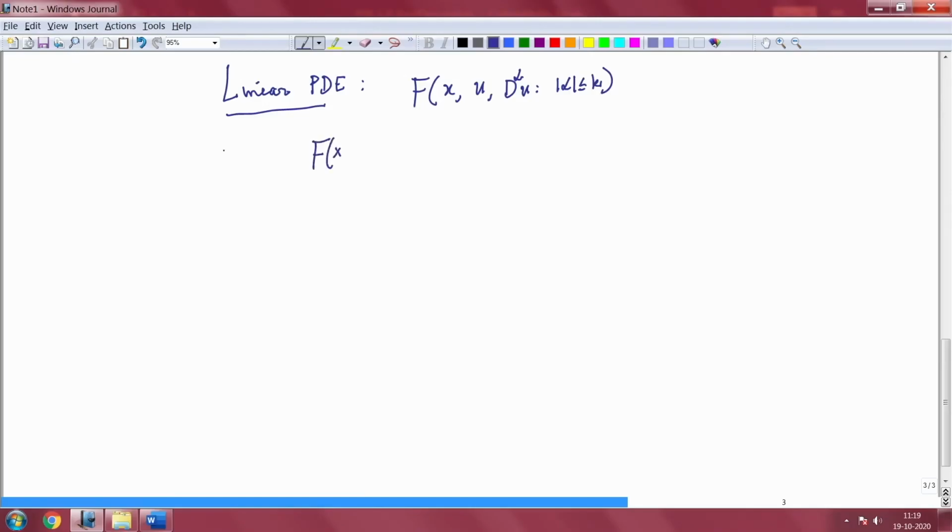Fix x, then f can be viewed as a mapping for all these variables from R cross some R^L to R. Then we need the linearity of this map.